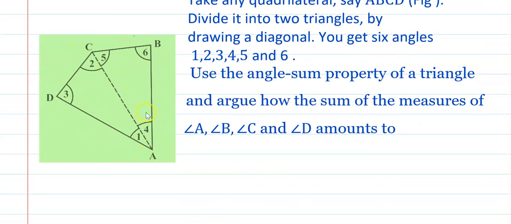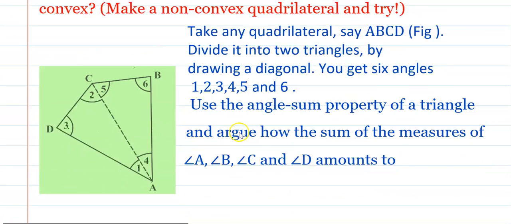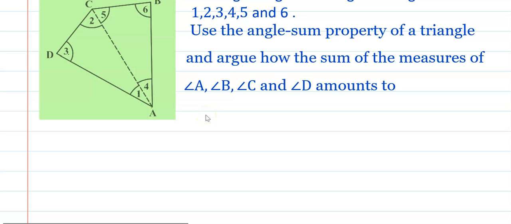A, B, C, D is the convex quadrilateral, and if we join this diagonal AC, the angles are 1, 2, 3, and for the other triangle ABC, they are 4, 5, 6. We can find out the sum of measures of angles of the triangles.